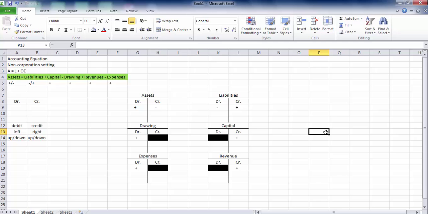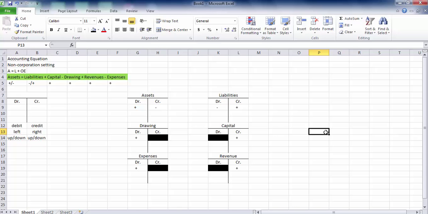Remember I said, imagine you won a shopping spree and you get a few minutes to run through the store, and let's imagine you and someone else get to push 2 carts, a total of 4, and all you're doing is putting as much stuff in there as possible. So think of capital, drawing, revenue, and expenses as shopping cart accounts. You're just going through the shopping spree and you're just putting stuff in, stuff in, stuff in. Those shopping carts are getting more full as you are in this spree.